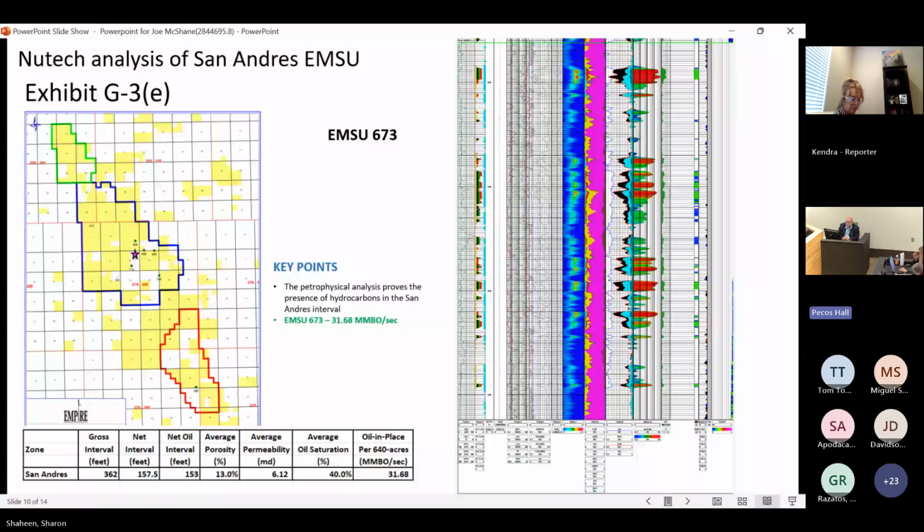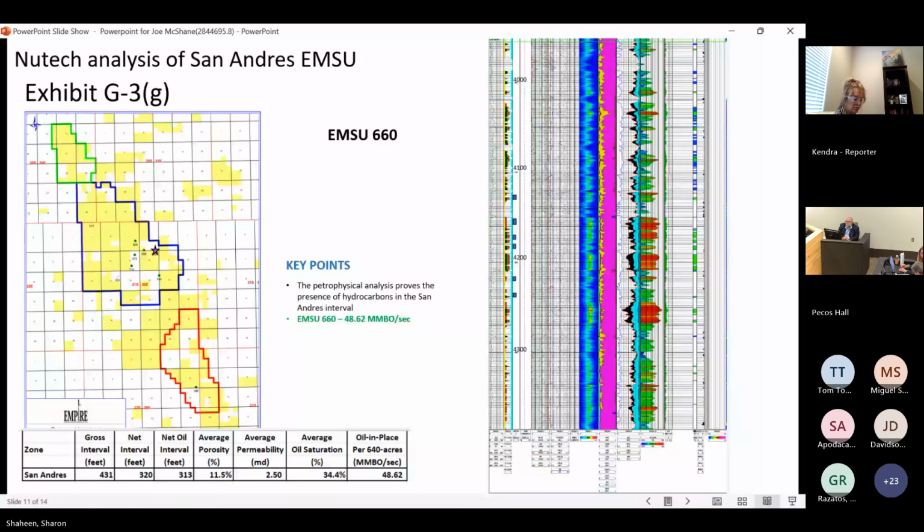And does this slide show the result of the new tech analysis of the EMSU 660? Yes, it does. And same information here, is that right? Correct. Same information here. We calculate, again, hydrocarbons present from the top of the San Andres down. Again, the top of the San Andres is on the log. It's a thin green line across the top, so it's hard to see. But the calculated oil in place is 48.62 million barrels per section.